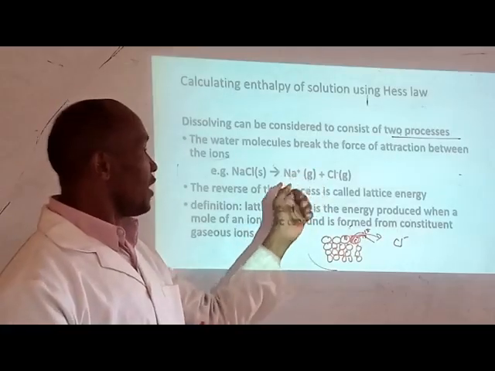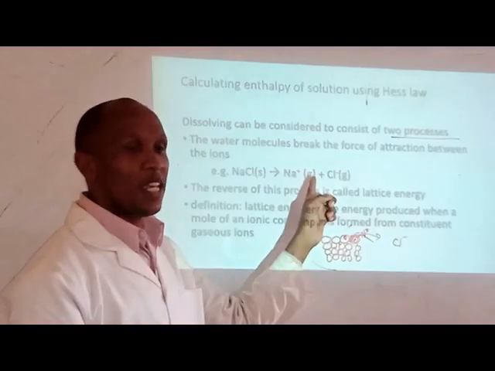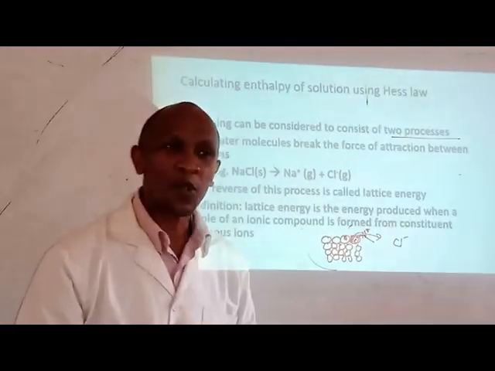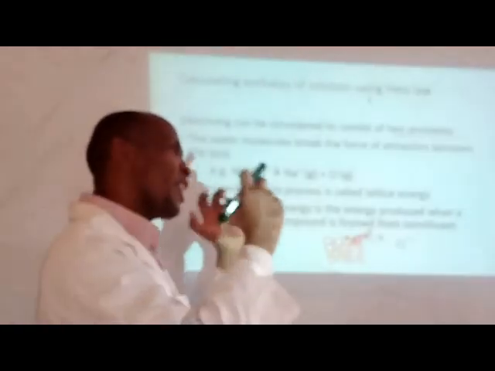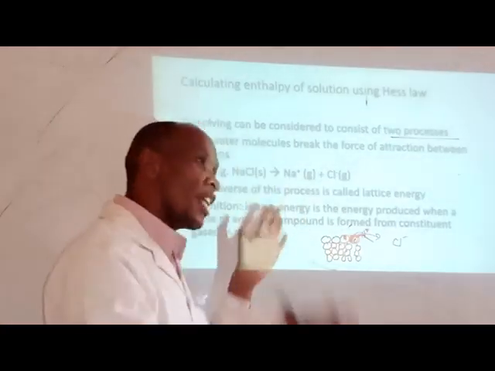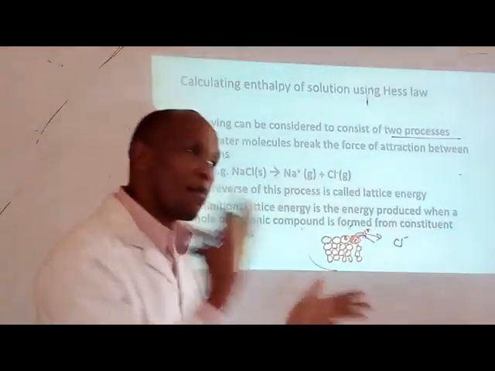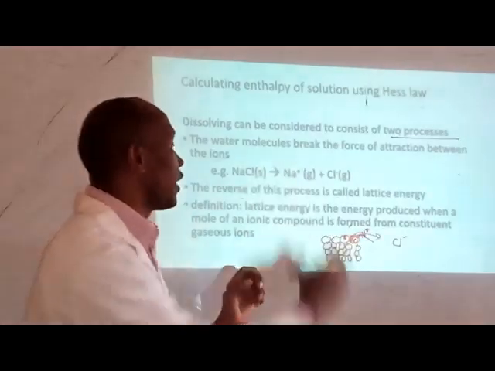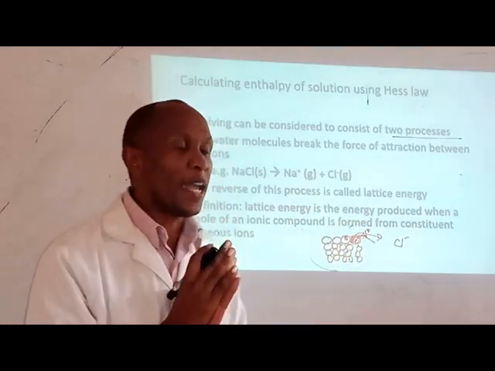So we can now say that from solid sodium chloride, we have gaseous sodium ions and chloride ions. What do you mean by gaseous? What we are saying is that the ions are so far apart, there is no force of attraction between them. Now to do that, of course, you require energy.